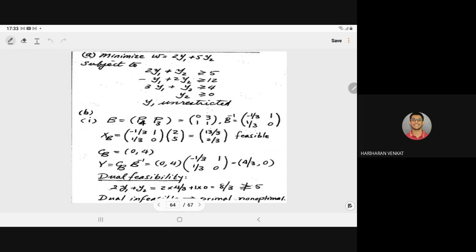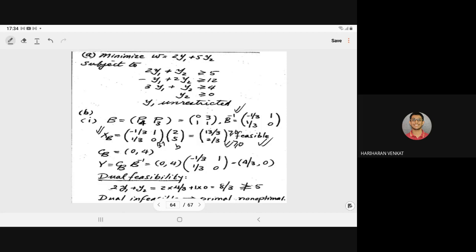So if you have P4 P3, we can compute B inverse, and xb = B inverse b. B inverse b is coming as 13/3 and 2/3, and both are greater than or equal to 0, so we say they are feasible. So the xb corresponding to B = P4 P3 is feasible.